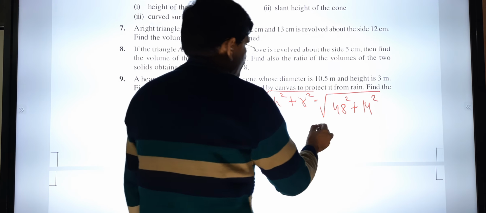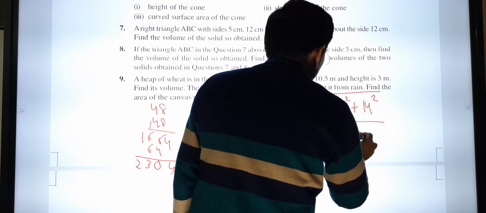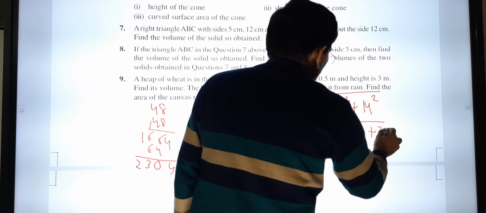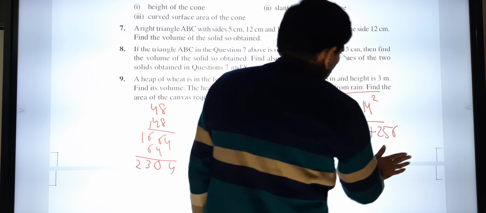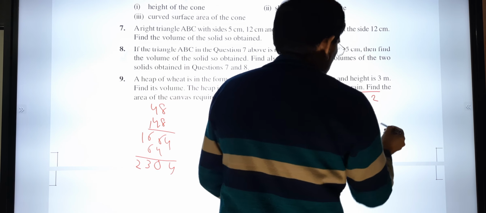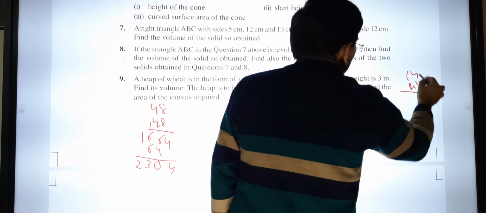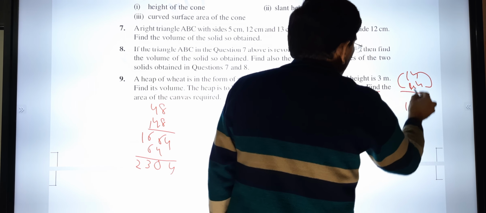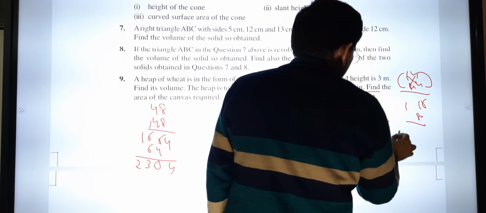So we have to write 2304 plus 14 square. So again 14 square, 4 4s are 16, 1 4 is 4, cross 8, so 196.